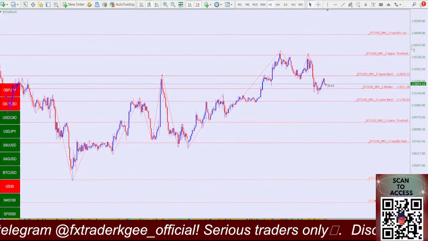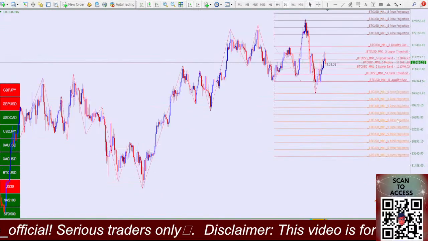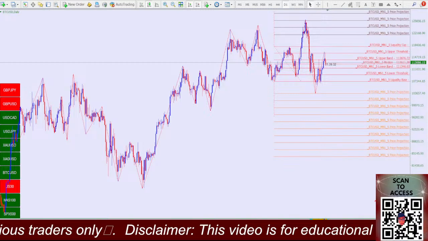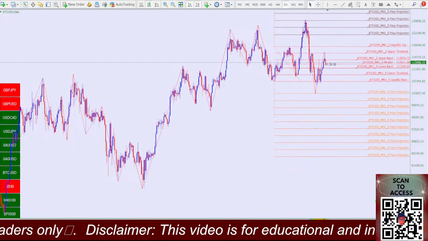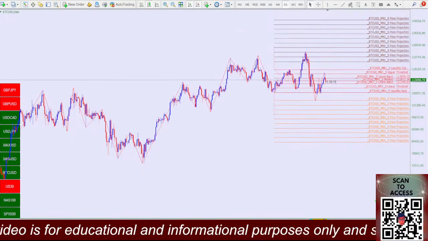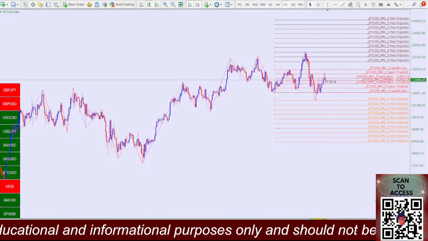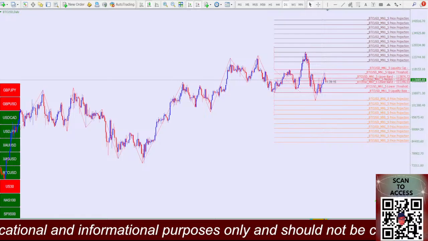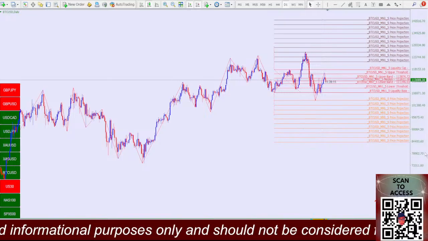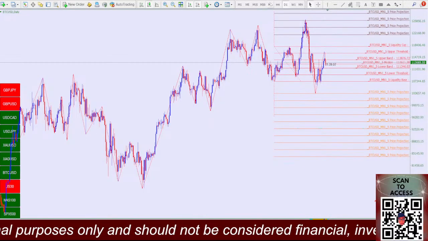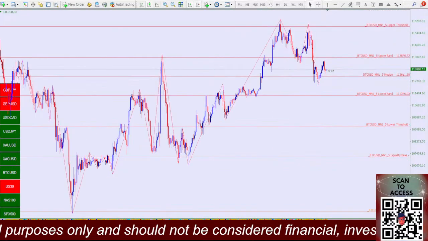Now on top of it, my system also creates 10 price projections above, and also 10 price projections below the liquidity base.